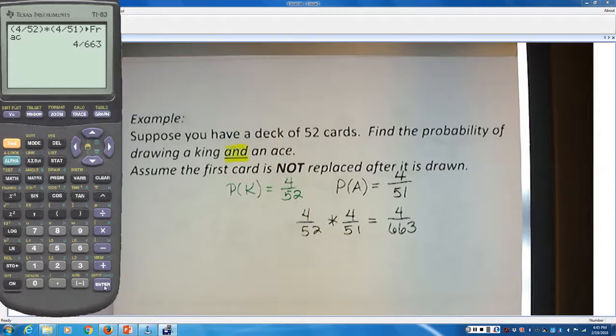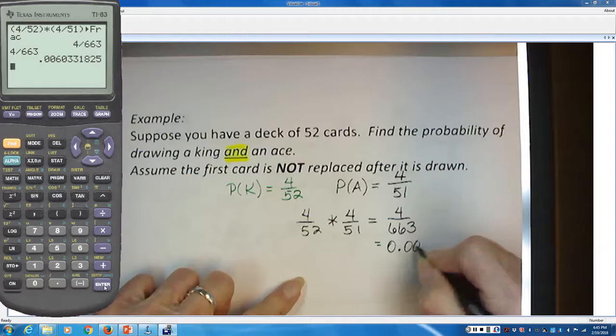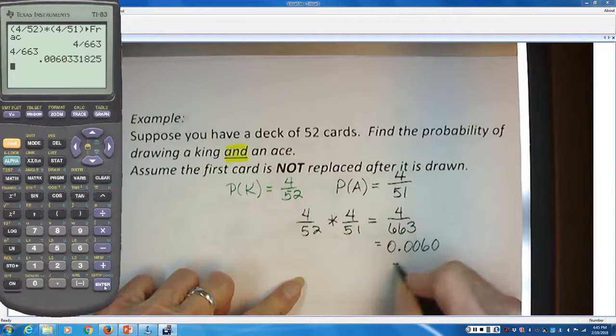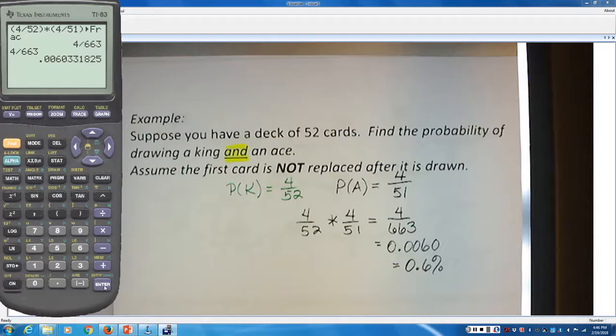Now, if it says it's okay to put it as a decimal, then it's 0.0060, which is less than 1%. It's 0.6%.